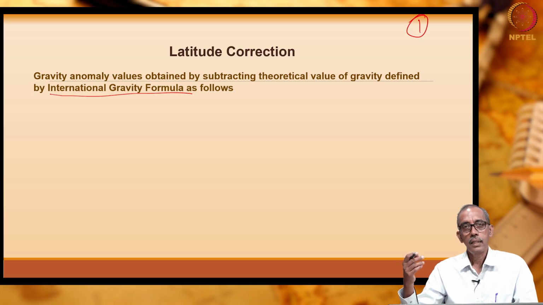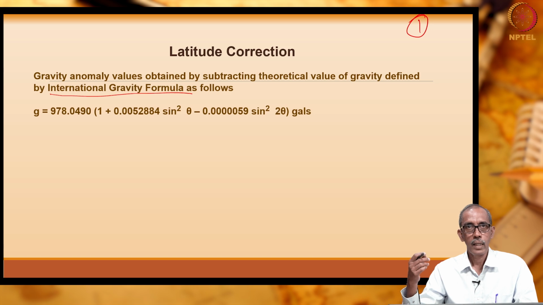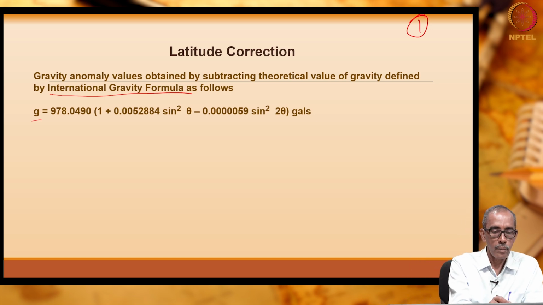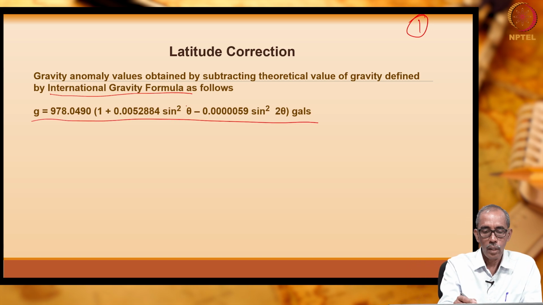Instead of that, if you know the latitude of your location, then we can determine the acceleration due to gravity over there using the International Gravity Formula. The International Gravity Formula reads like this. The only variable here is this, that is nothing but latitude.